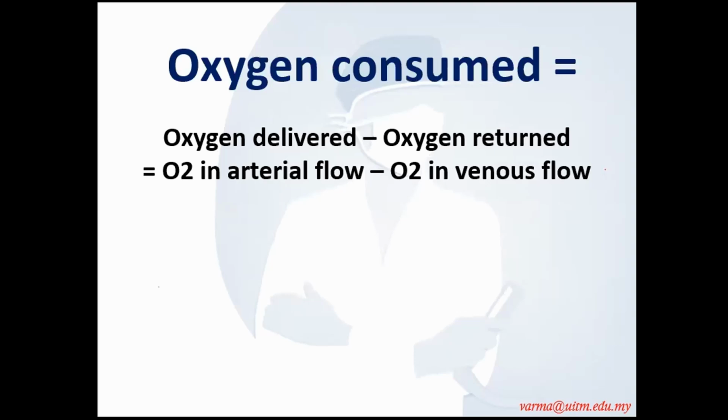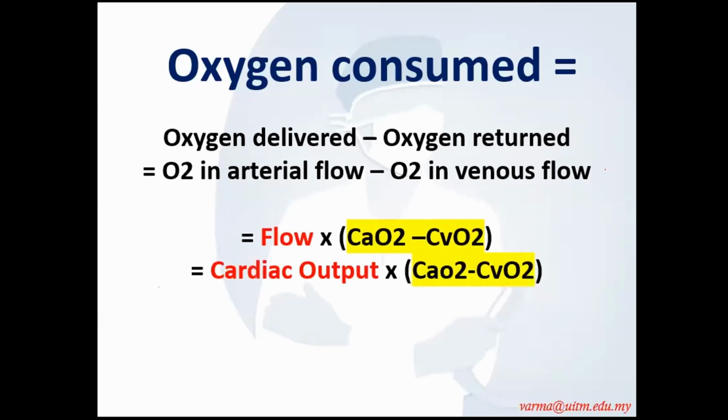That difference has been taken out by the cells. So oxygen in arterial flow minus oxygen in venous flow, CaO2 minus CvO2, is the amount taken up by the cells. Whatever is left comes back to the heart. So flow times the difference: cardiac output times (CaO2 minus CvO2).